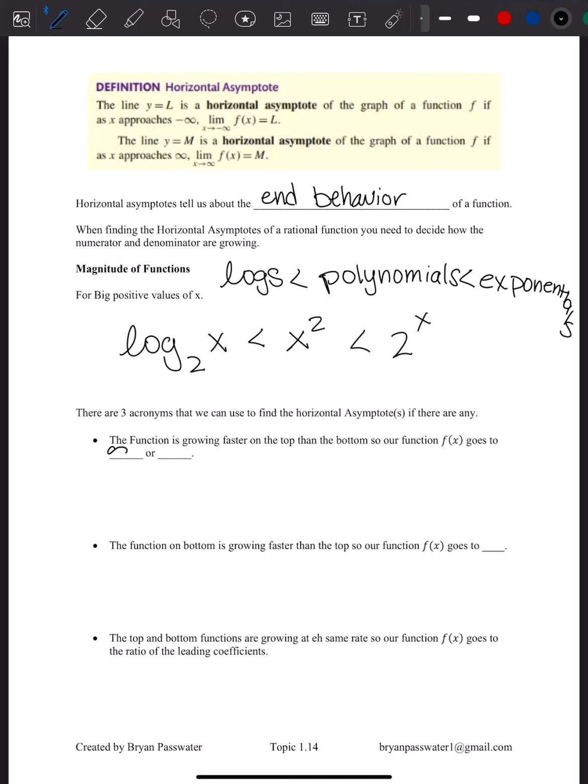So when we are talking about a function growing faster on top than bottom, what we're saying is that we might have something like x cubed over x to the first. We call this BOTNO. BOTNO means bigger on top, no horizontal asymptote.